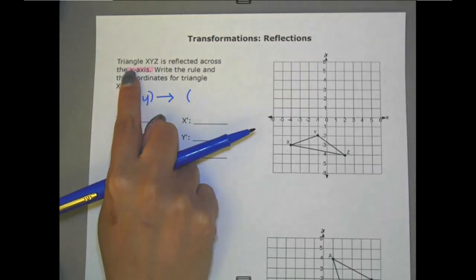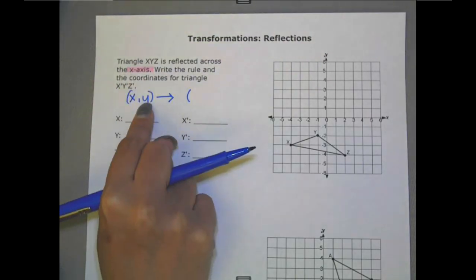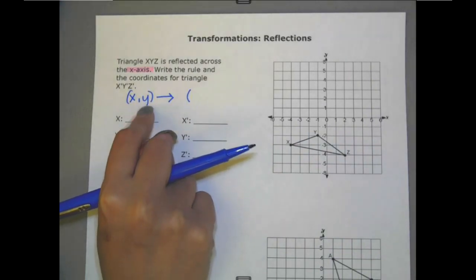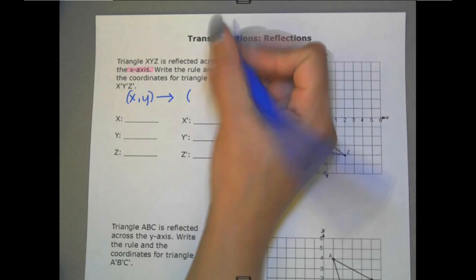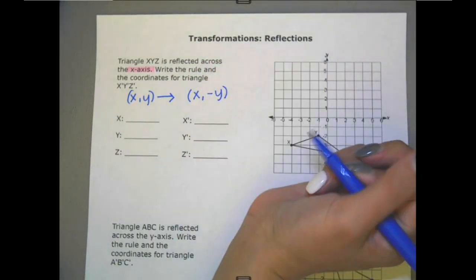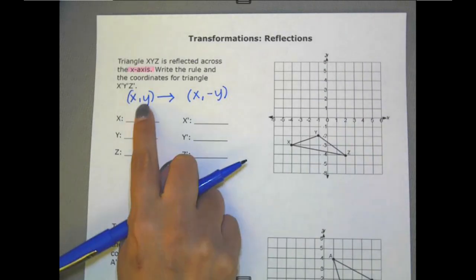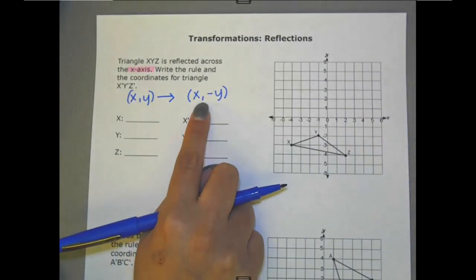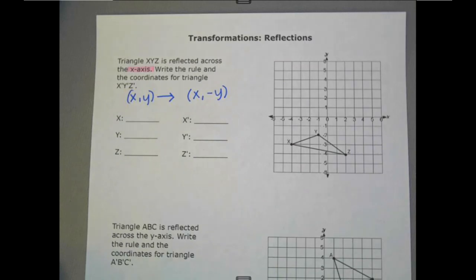It's the x-axis, so the opposite of that would be the y. And this is a positive y, and the opposite of positive would be a negative y. So my rule will look like x, comma, negative y. So this is our rule for a reflection across the x-axis.